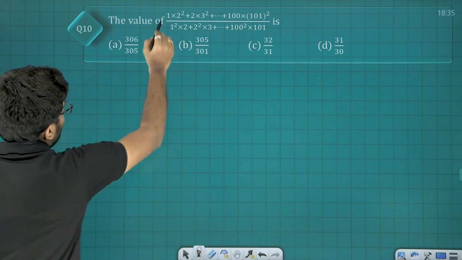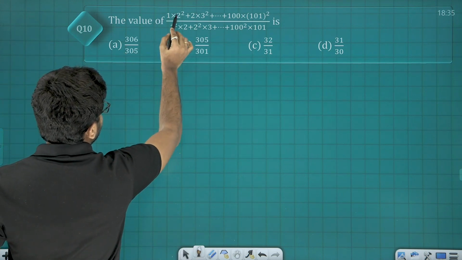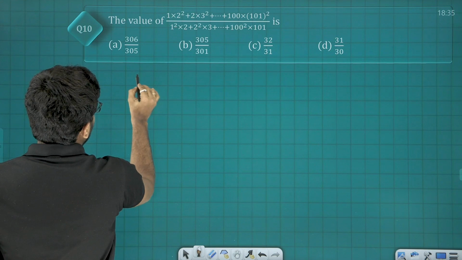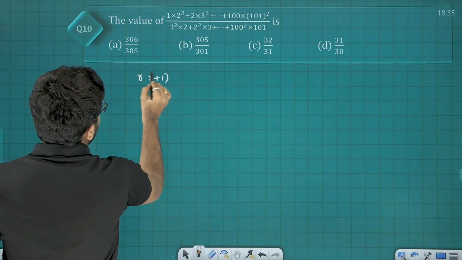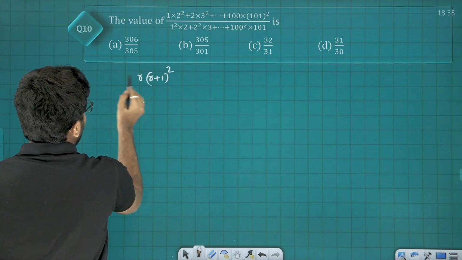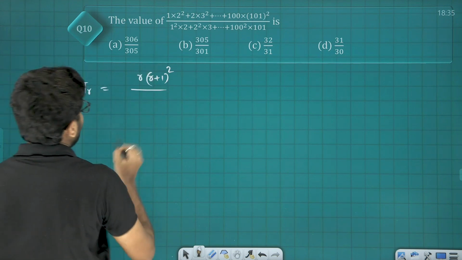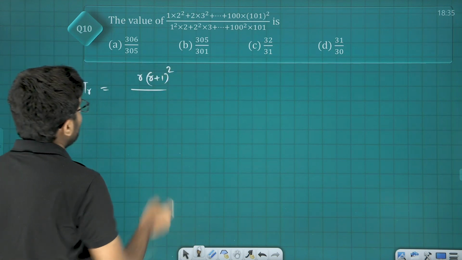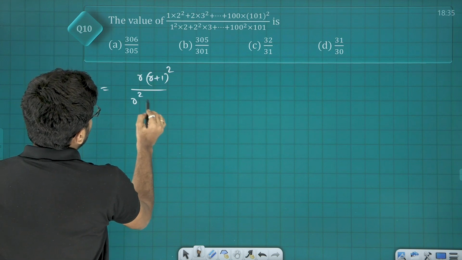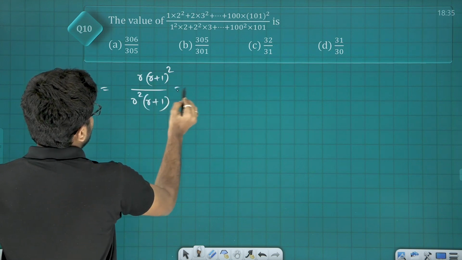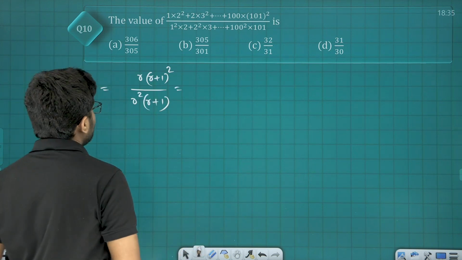The general term of the numerator is r into r plus 1 whole square, and the general term of the denominator is r square into r plus 1. So just simplify this.